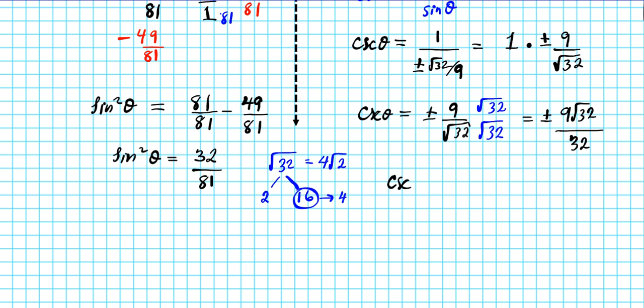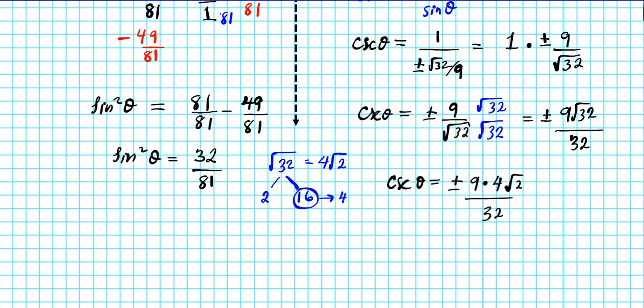So how do we insert that here? Well, we put in the simplified form of root 32. So we have plus or minus 9 multiplied by 4 rad 2. And that is divided by 32. Okay?